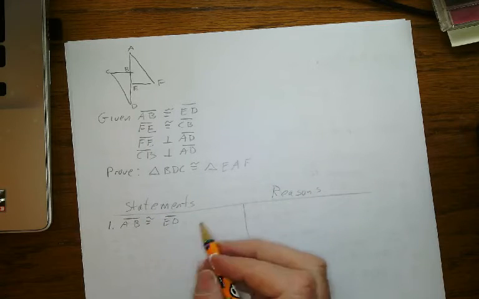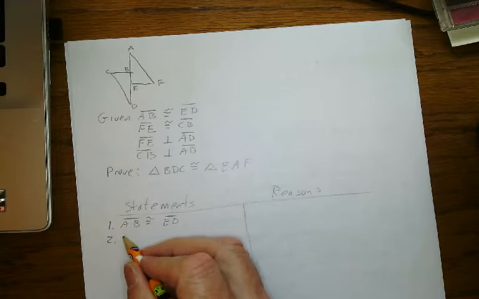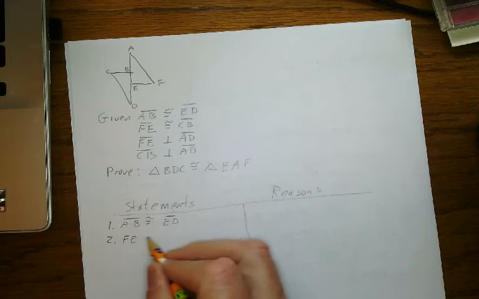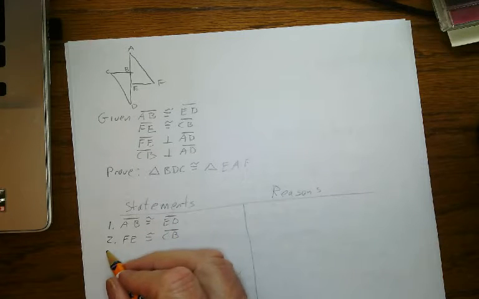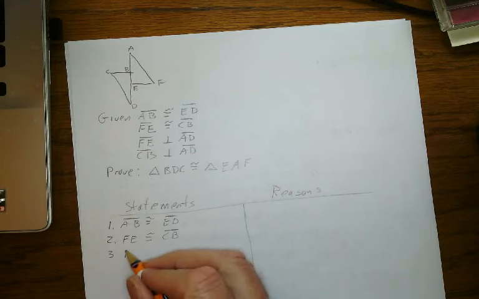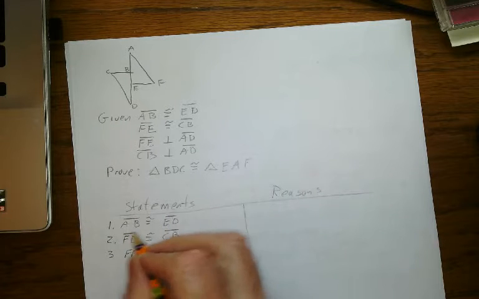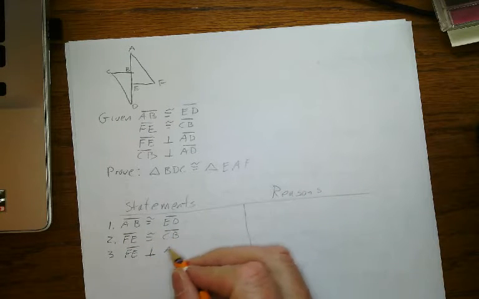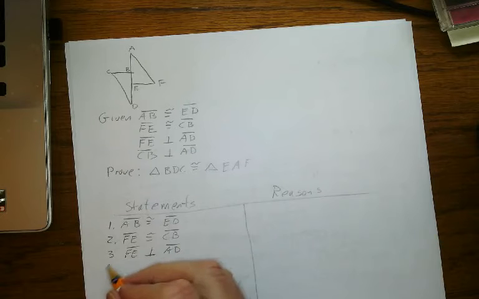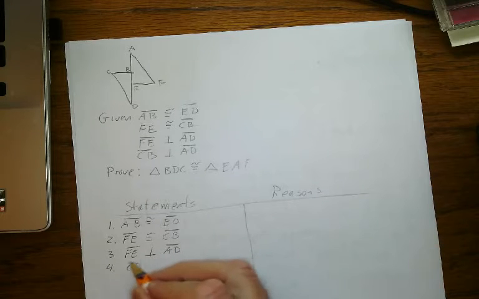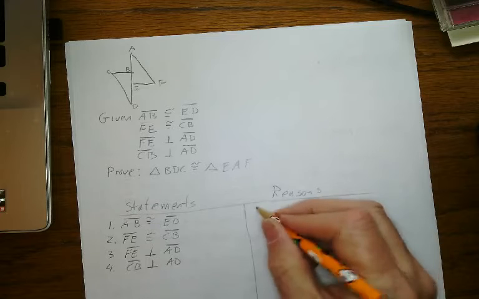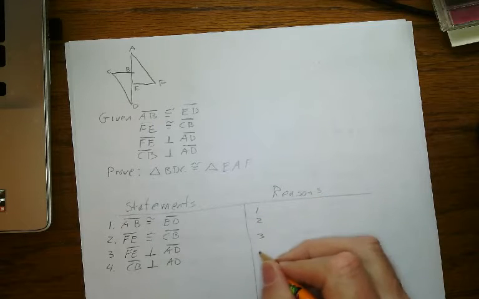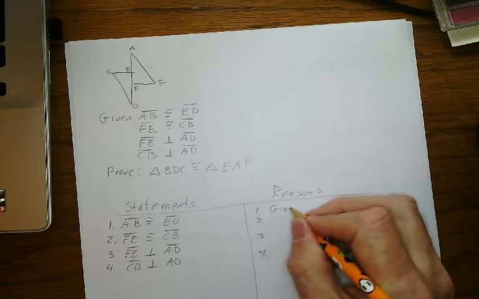Segment AB congruent to segment ED, segment FE congruent to segment CB, segment FE perpendicular to segment AD, and also segment CB perpendicular to segment AD. And the reasons for these four statements are all going to be given.